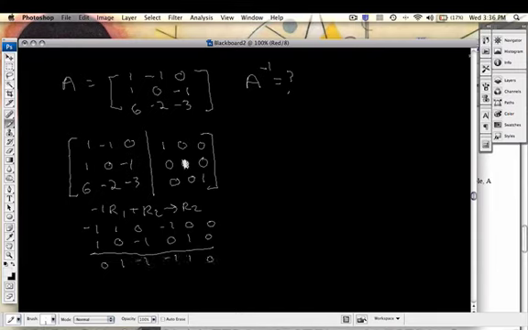Okay, a lot of 1s and 0s. Row 1 is the same, so 1, -1, 0, and row 2 is now 0, 1, -1, -1, 1, 0. Row 3 is the same.